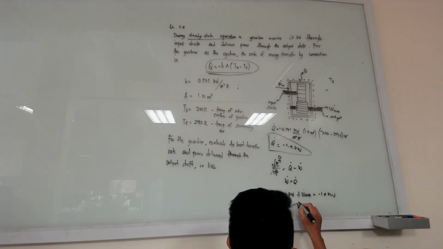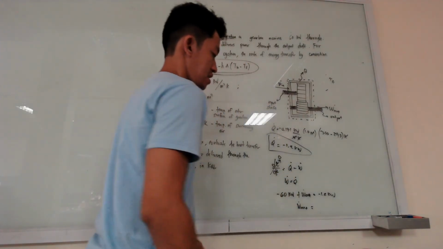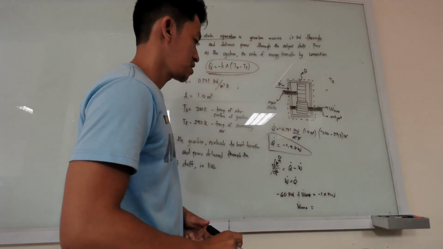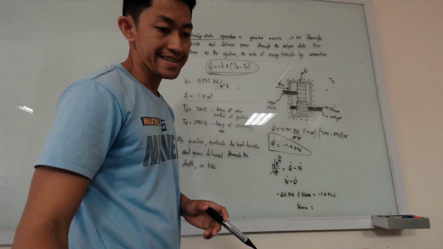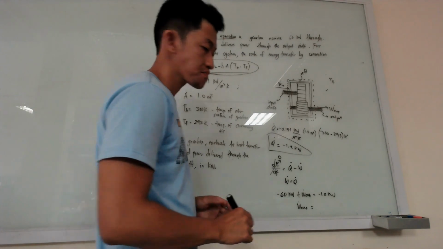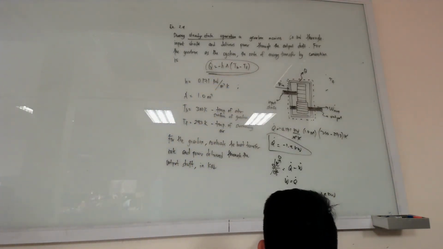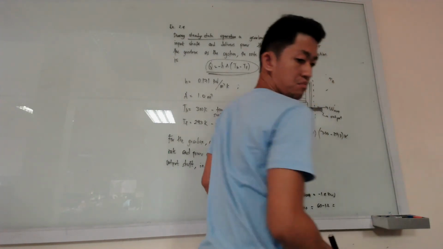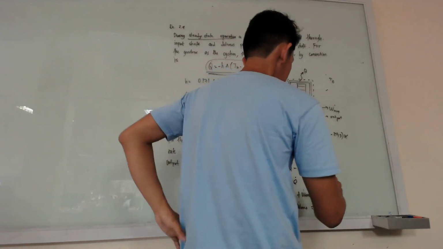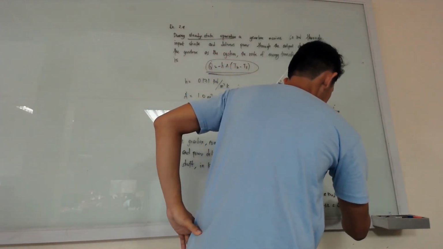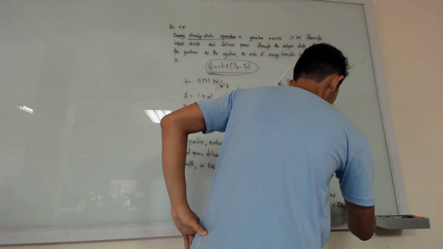Therefore your work output is how much? Transfer to the other side, so 60 minus 1.2 or 58.8. Okay? 58.8 kilowatt.